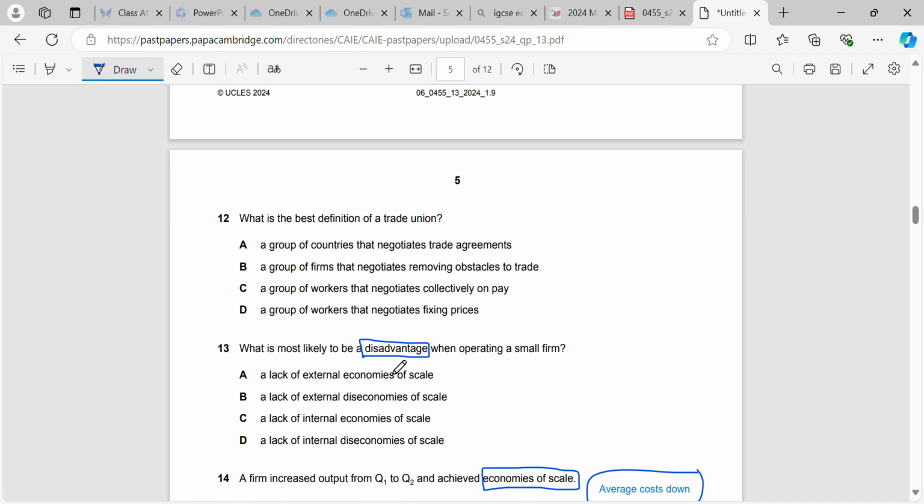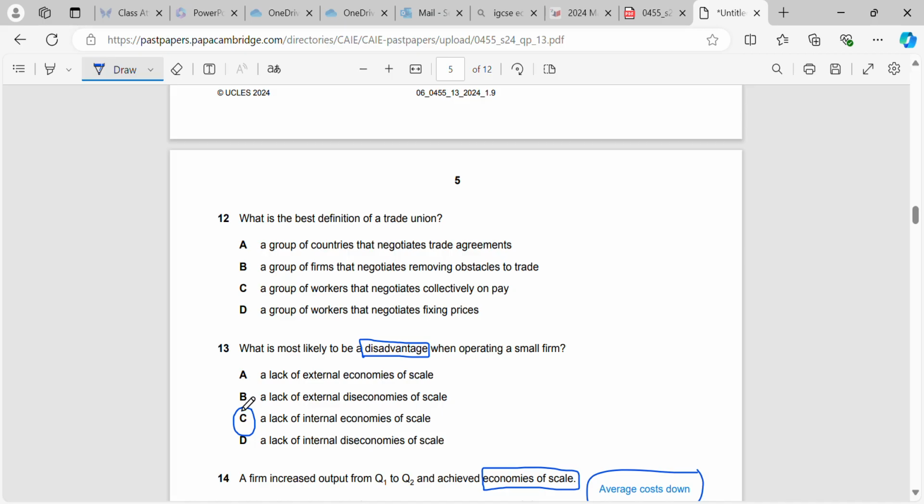We said a small firm has better communication and they've got more freedom in operation than a large firm. But what we also said was that they were less likely to have economies of scale. And what type of economies of scale would they be? They would be internal economies of scale.